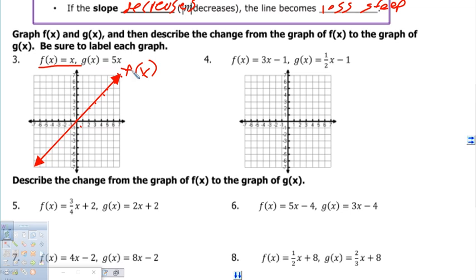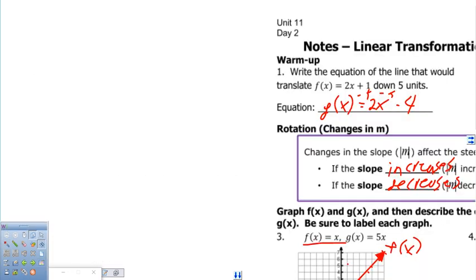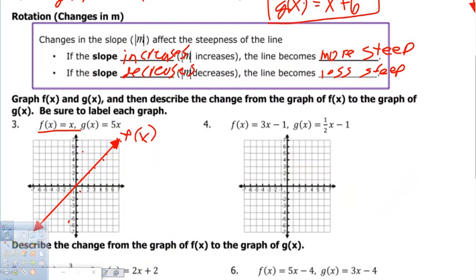And then it asks us to go ahead and do 5x. So we go up 5 over 1, down 5, left 1, and that's all that we can do with that one. And we're going to call this g of x.